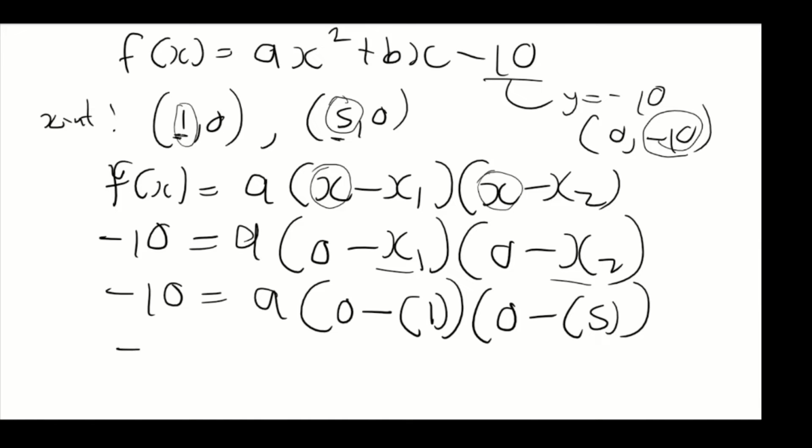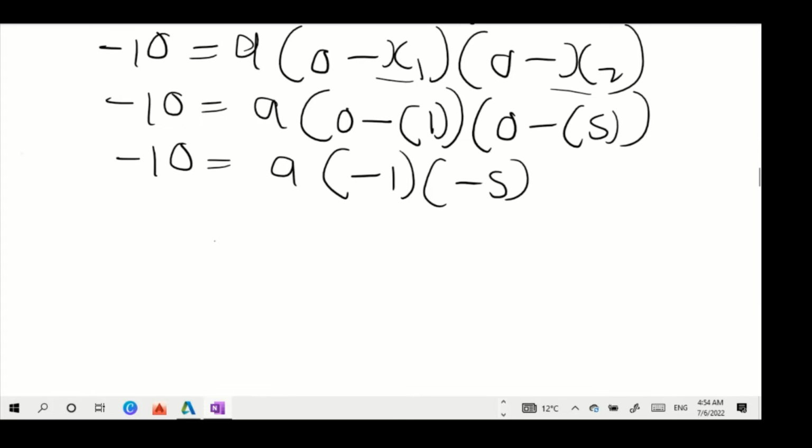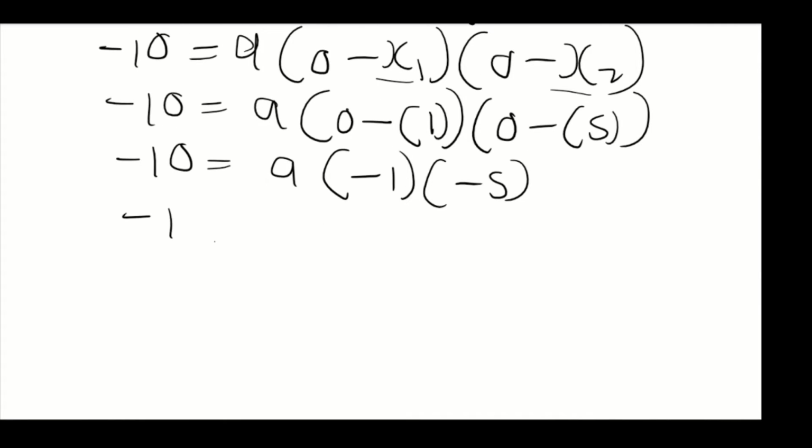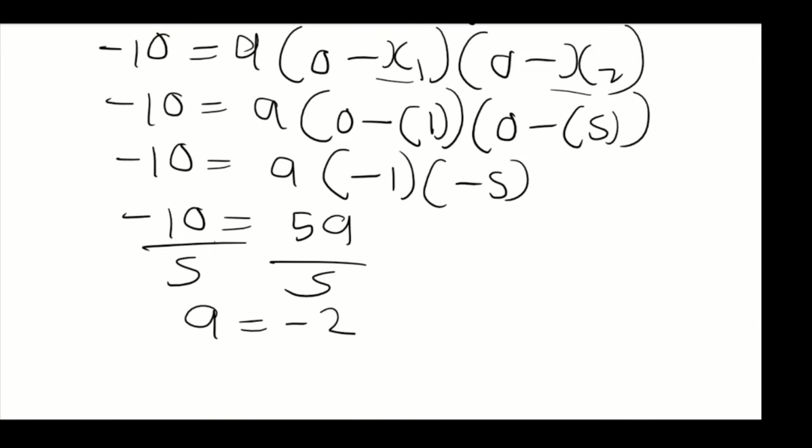So we have minus 10 equals a into, 0 minus 1 is minus 1, 0 minus 5 is minus 5. Then we have minus 10 equals, minus 1 times minus 5 gives you 5a. Then divide by 5, our a value is equal to minus 2.